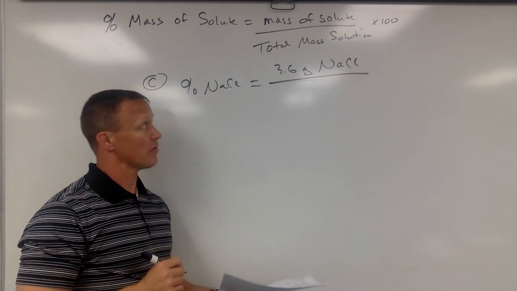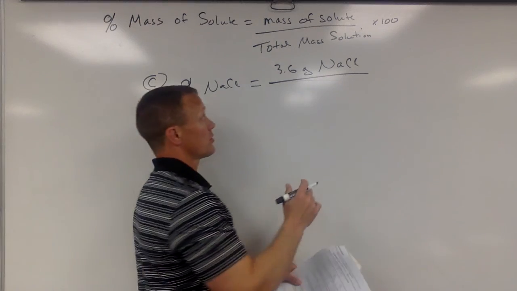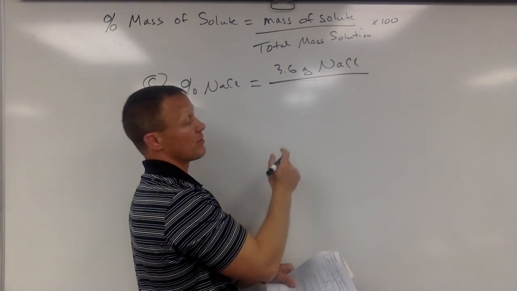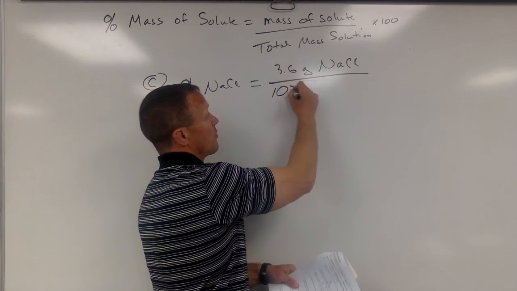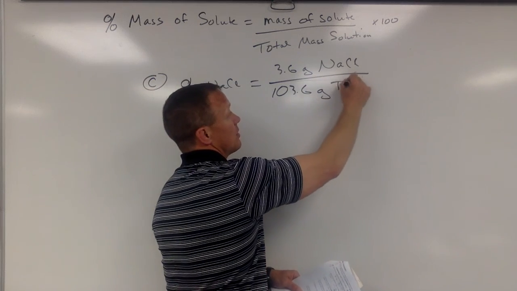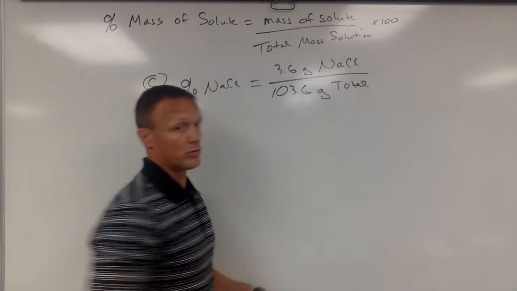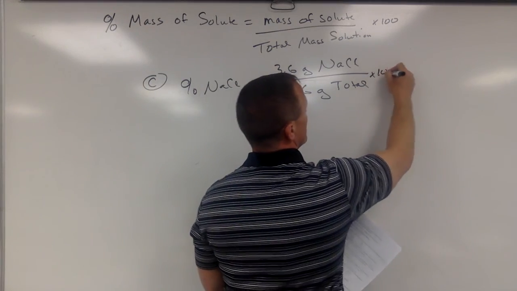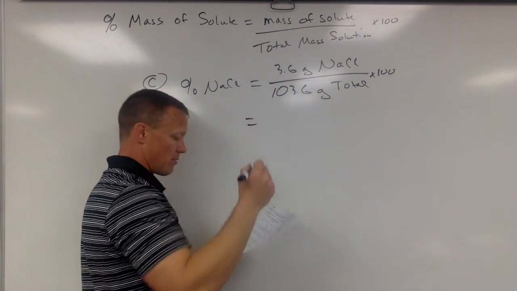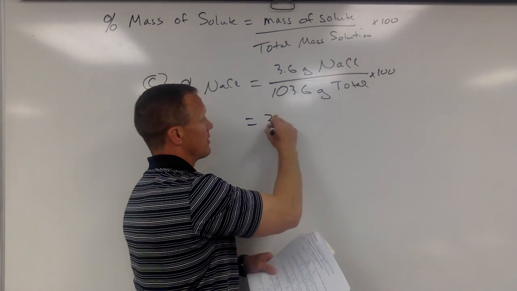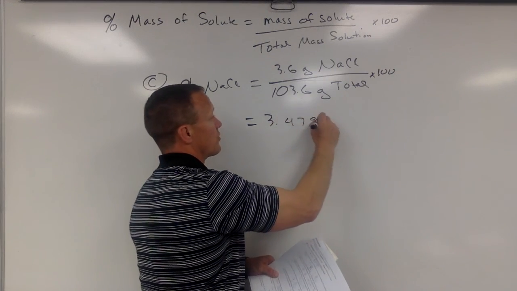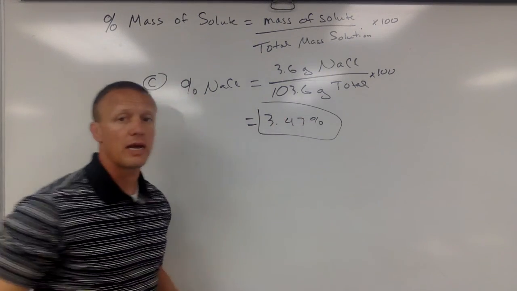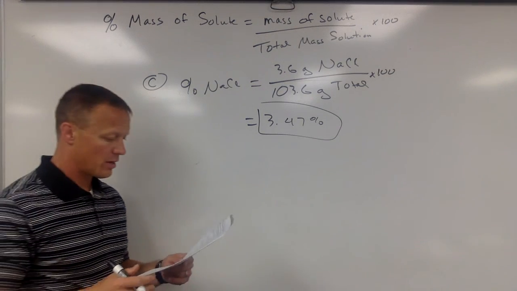But I want to divide by the total. So it's 100 grams of water plus the 3.6 grams of salt, which would be 103.6 grams of the total solution. And then times 100 to get it into a percent. So my percent there is about 3.47%, which is pretty close to what the ocean actually is for salt.